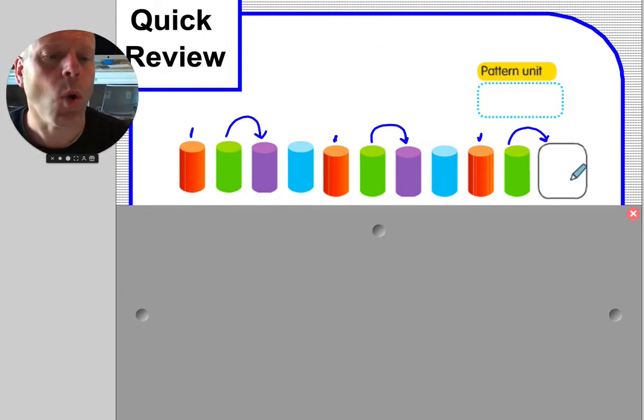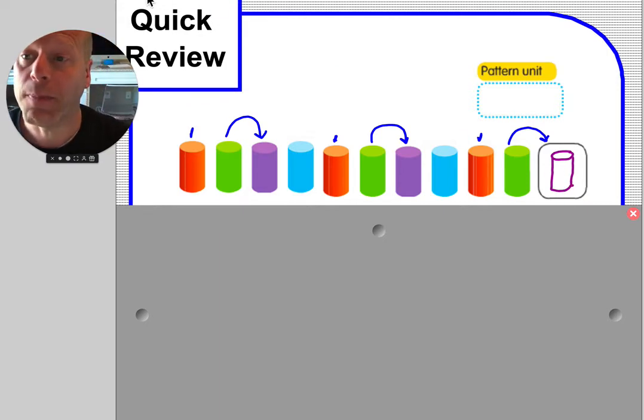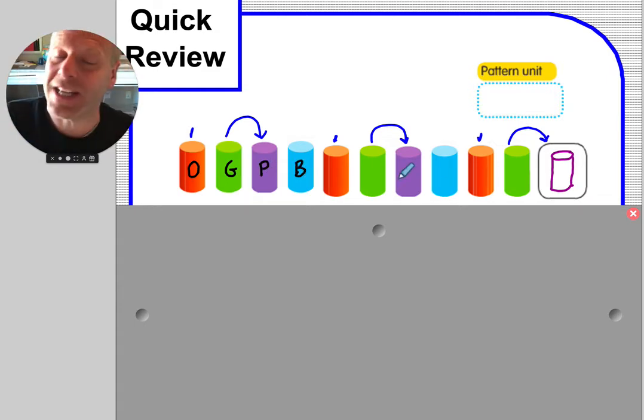So one part of this is to figure out what comes next. We would call that extending the pattern, right? You're keeping it going. The other part is to identify the pattern unit. What is actually happening here? Well, we're going orange, green, purple, blue, and then it just does it all over again.